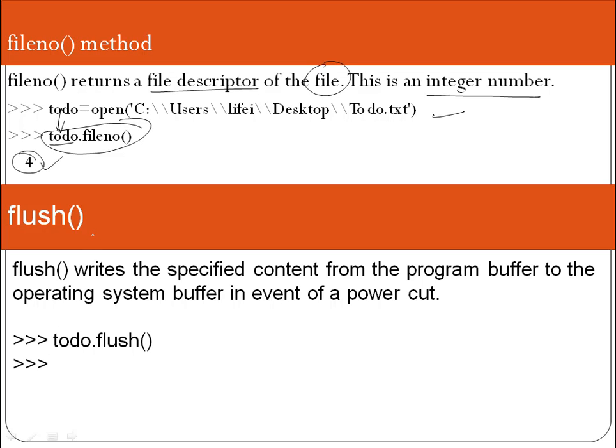Then the method is flush. Flush writes the specified content from the program buffer to the operating system buffer, in the event of a power cut, right? From program buffer to operating system buffer. So you do dot flush.